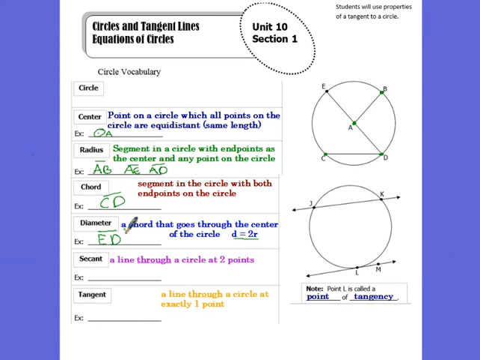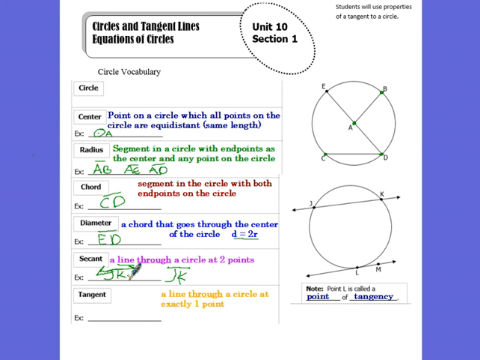A secant is a line that goes through a circle at 2 points. I want to specify here that it's a line, so it goes through the circle at 2 points. And so down here in this example that would be line JK. Whoops. And I want to remind you about the difference between this and this.